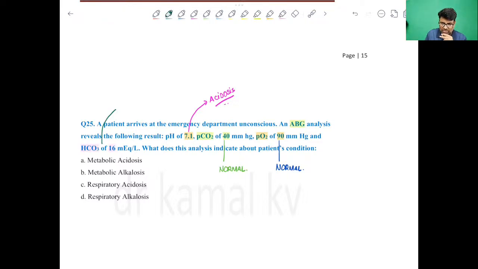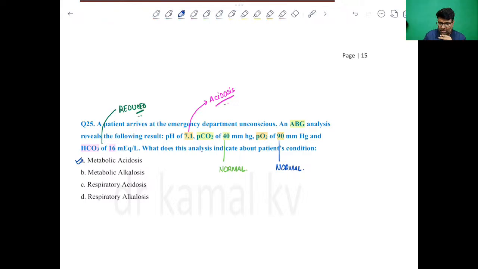So this is reduced because normally it should be around 23. So this will come out to be metabolic acidosis. Now for respiratory acidosis, PCO2 has to be high.